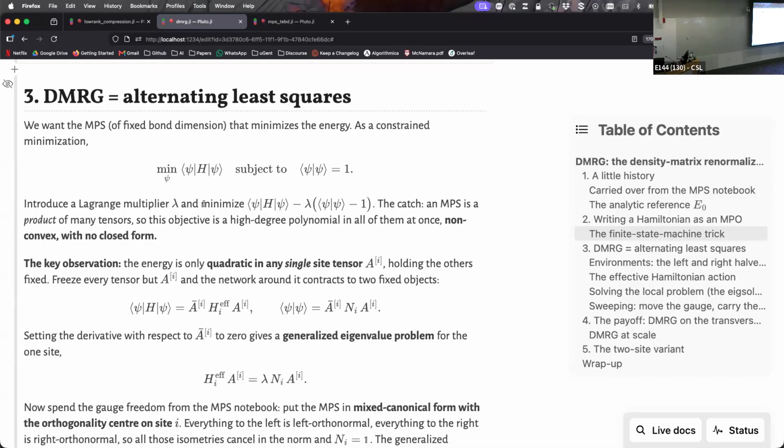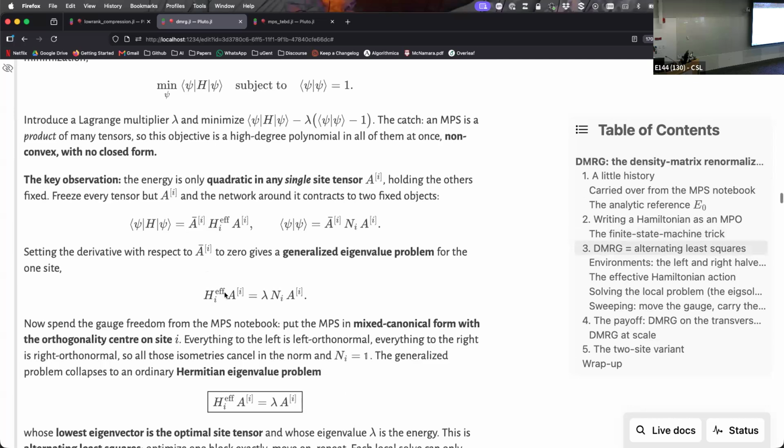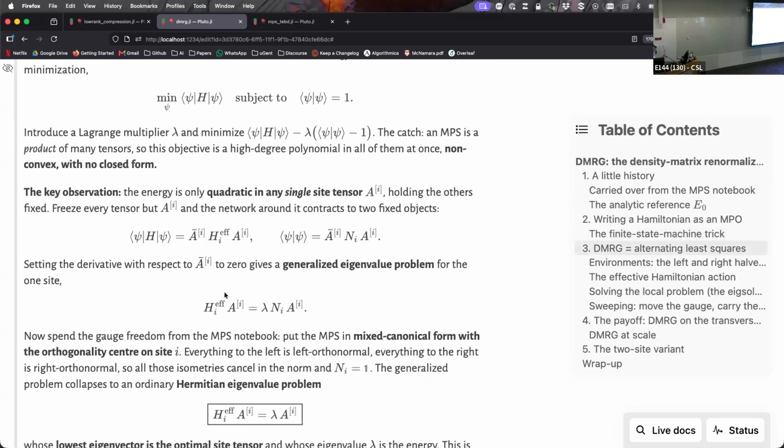But there's a key thing that is incredibly important. If I forget for a moment that I'm allowed to vary all of the tensors in my MPS and just focus on one, then this entire equation is just quadratic for any single site. So I can project this entire thing: if I think that all of my MPS tensors except for one are completely fixed, I can find out what it means for this single site to be the optimal ground state, and then solve that equation by itself.